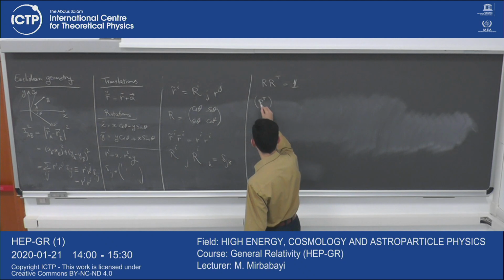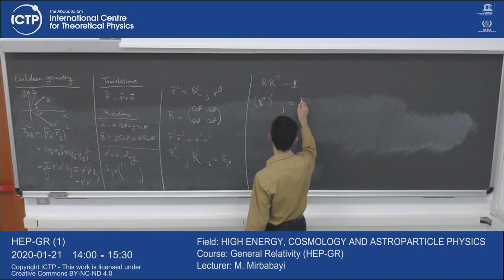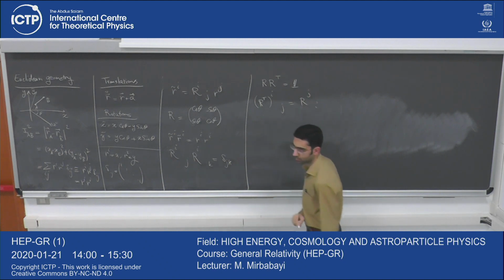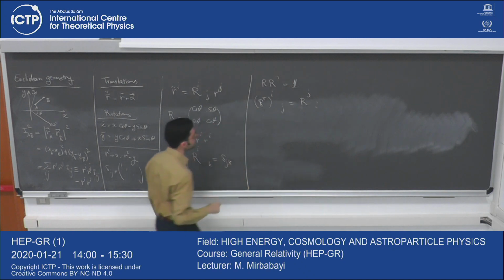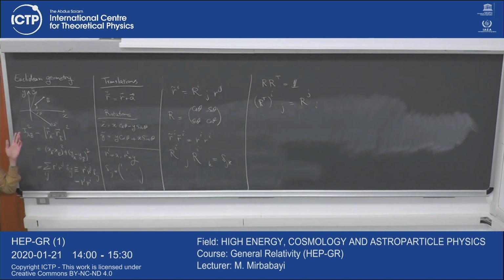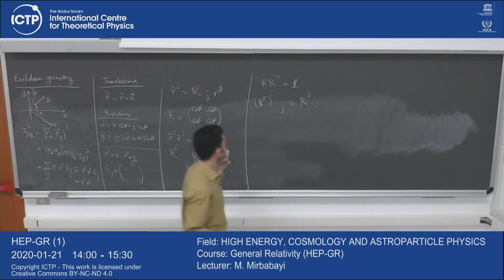So R transpose ij is equal to Rji. The matrices that satisfy this condition are called orthogonal matrices.